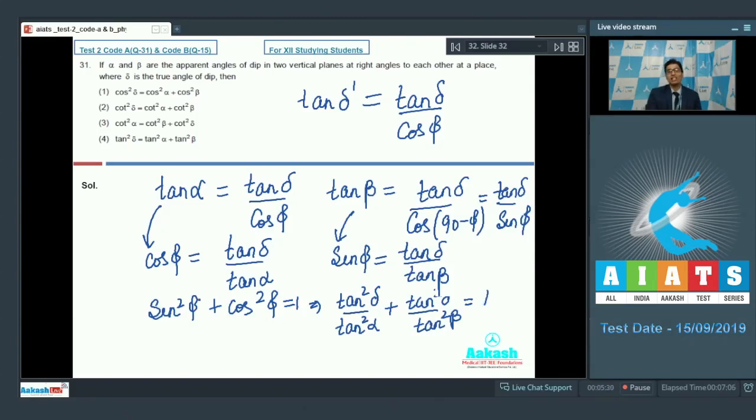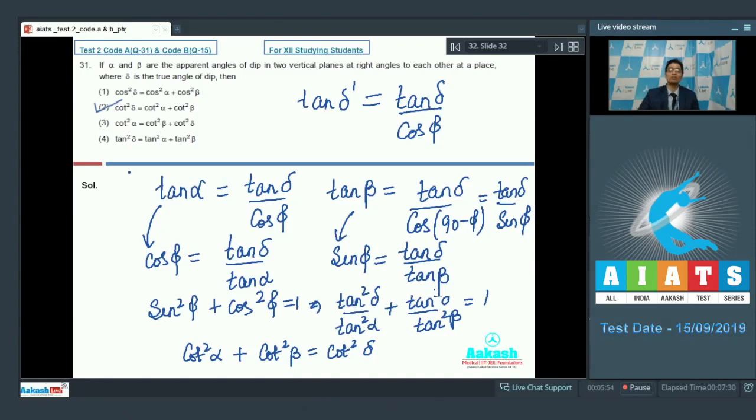Now dear students, simplifying this equation, we can easily get that cot square alpha plus cot square beta is equal to cot square delta. Therefore dear students, the correct answer for this particular question should be option number 2.